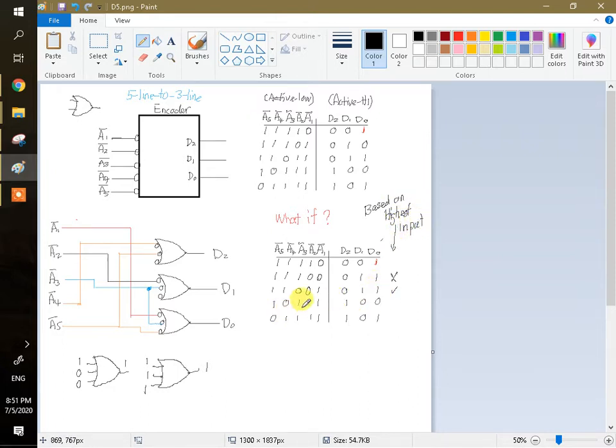Let's look at another case. Let's say we change this one to 0 here. I simply change any one here; I randomly choose these two to be activated at the same time. Two will output 1 0, so this changes to 1.